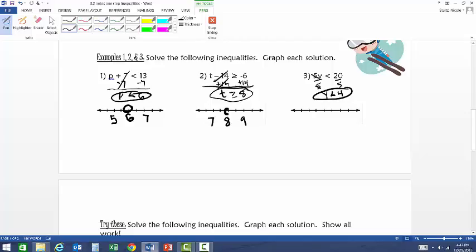This one will be a closed circle because of the underline, and it goes to the right. And this is an open circle, goes to the left.